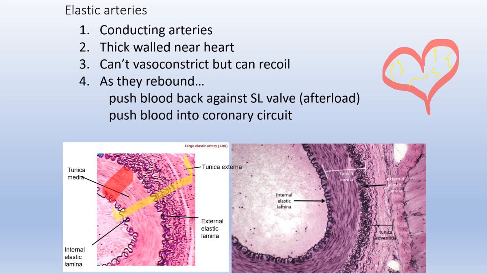So as the heart rebounds, blood gets pushed into this coronary circuit. So for a split second, the vessels on the outside of your heart don't get any blood flow. Okay, so it's important for us to realize that these don't vasoconstrict. So in a way, knowing that, we kind of know that they don't really control blood pressure.